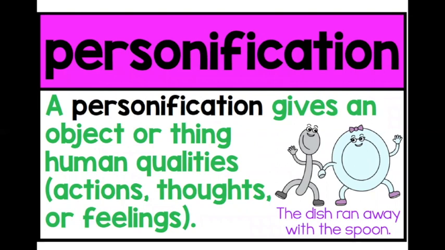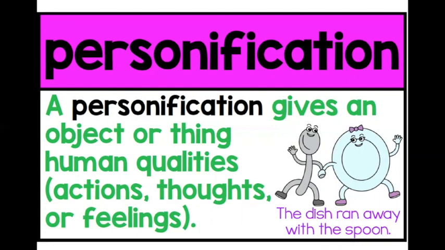So, if we really think about that, we know dishes do not have feet, spoons do not have feet. Running is a quality that humans can do. Humans are able to run, but a spoon and a plate are not able to do that. So, we're actually giving the spoon and the plate a human quality. So, personification is always really fun to look at as well because we are able to think about, well, what are humans capable of doing that these inanimate objects are not able to do?